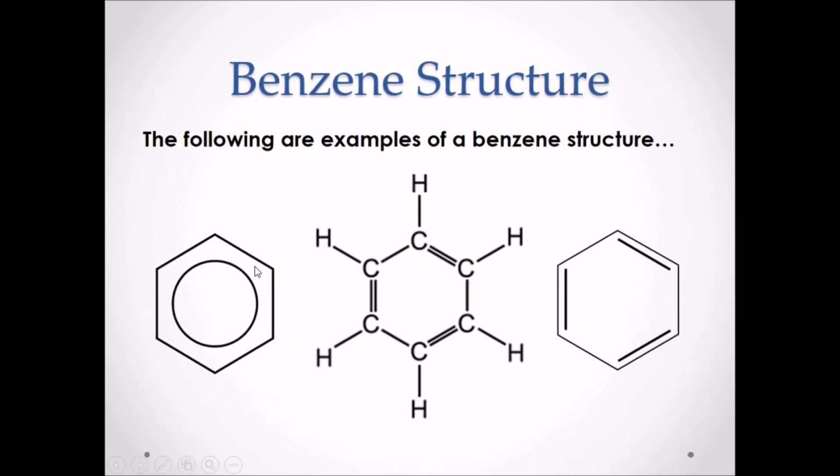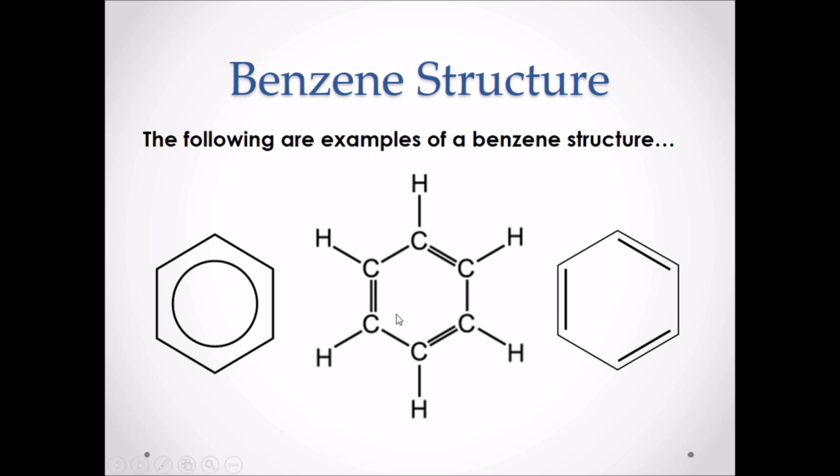Each of the following illustrations below represent benzene structures. We've already seen the first on the left, which is a hexagon with a circle drawn in the middle. In our middle example, this is a more accurate structure of a benzene molecule, where we actually have 3 double bonds within the 6 carbon ring. Now remember, these unshared electrons are not located between the carbons with the double bond.